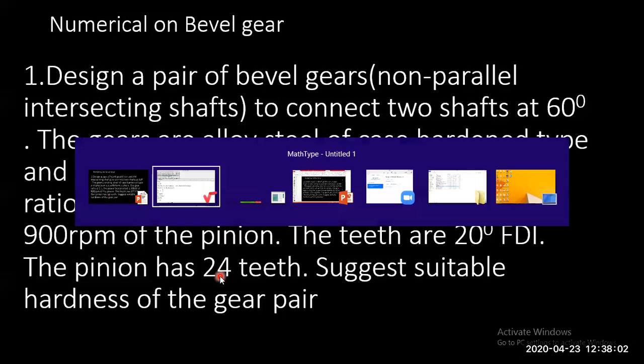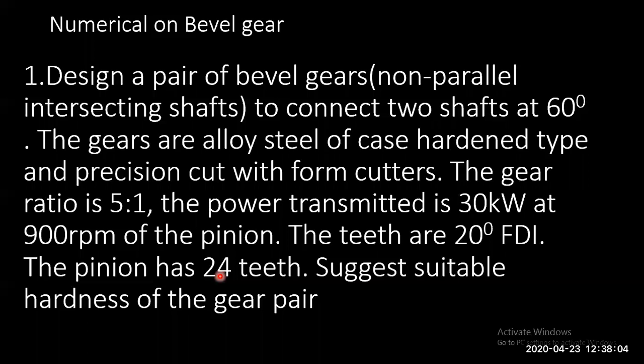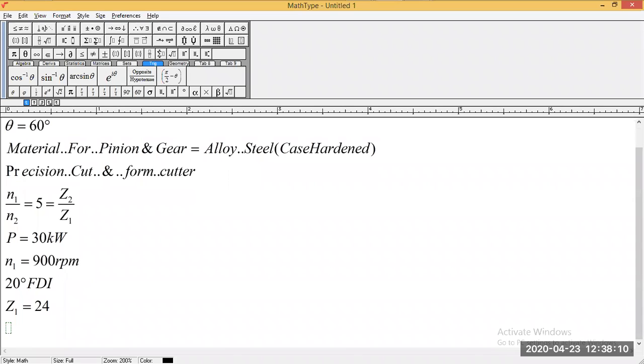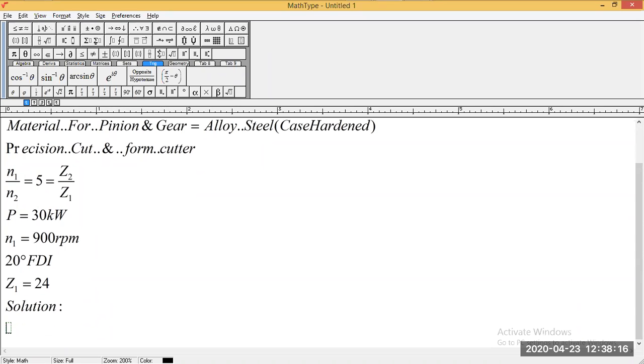This is Z1 24. Suggest suitable hardness. So it is required to design the gear. We'll start off with the solution. Solution step 1 is to find the weaker member.